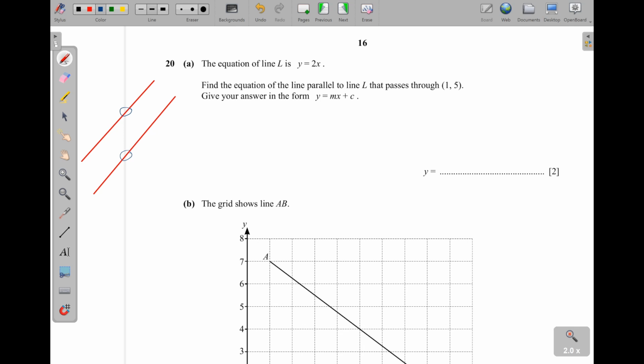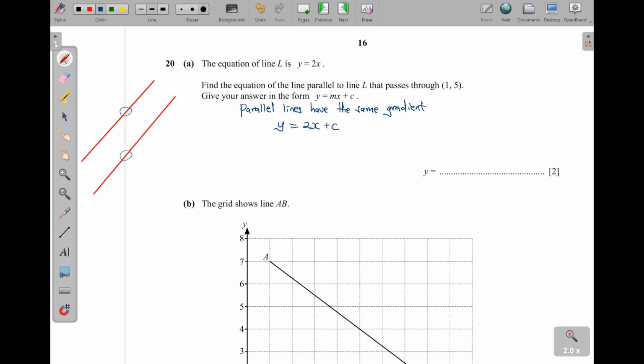So, here you must know this, that parallel lines have the same gradient. So that other line which is parallel to this one is going to have its format as y is equal to 2x, then plus c.